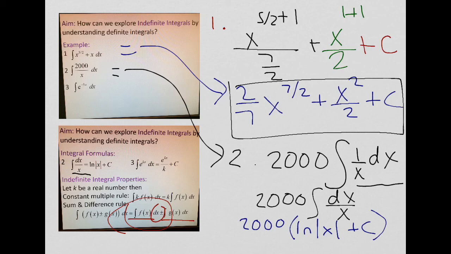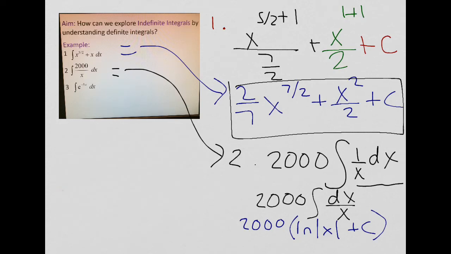That's running out of room, so I'm going to erase some of this up here. You know what, I'm just going to take off the last slide, so that way we have plenty of room. So 2,000 would be distributed to the ln absolute value of x, and if 2,000 is distributed to our constant, it's still a constant.